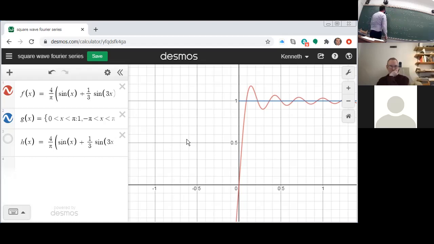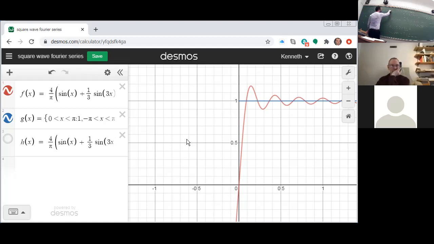Your first step is to do a change of coordinates so that it starts at 0 instead of A. It's fine to do a linear change of coordinates, and you've got a new function. Then your second step is to take either an even extension or an odd extension, whatever is your pleasure.